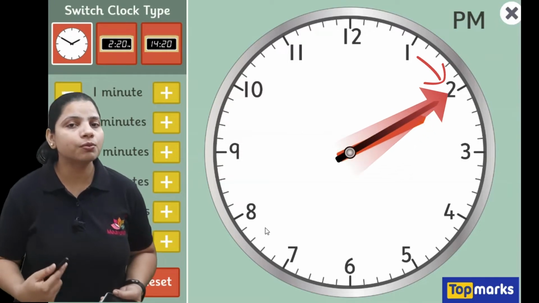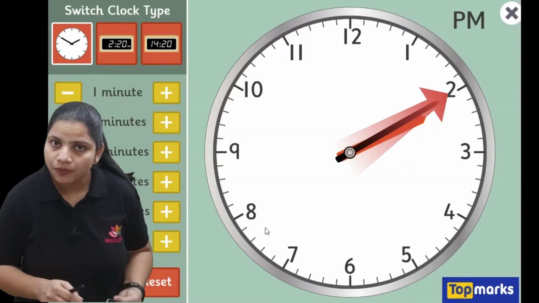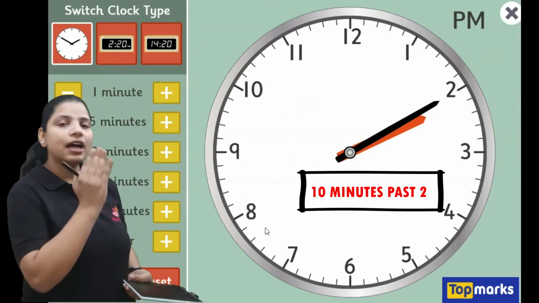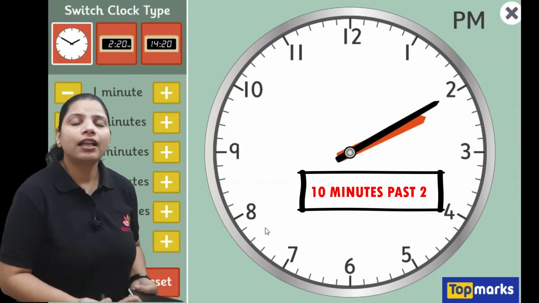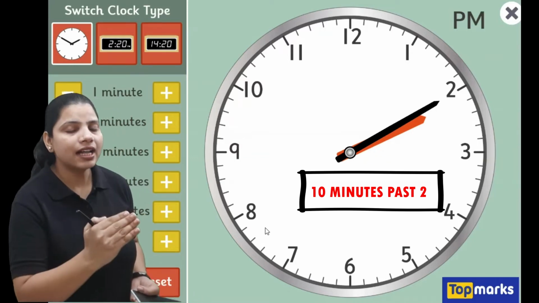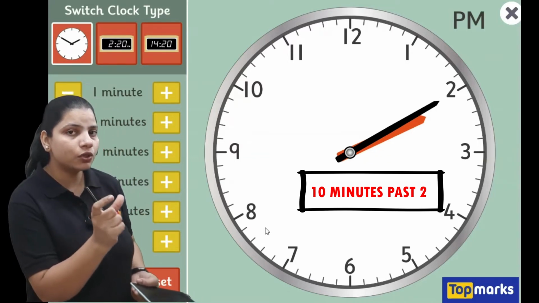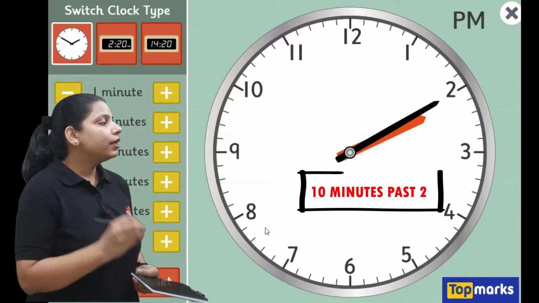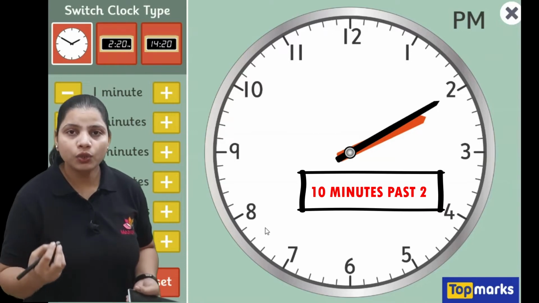Our minute hand is pointing towards 2, so it's 10 minutes past because our minute hand is lying on the smaller side. Now we need to focus on our hour hand. Our hour hand is at 2. 10 minutes past 2.